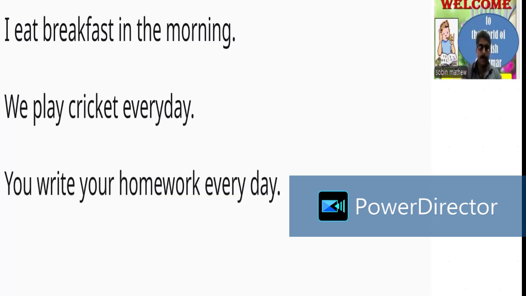The teacher asked Anagha, "Please read the formula for second person plural with example from your notebook." Anagha reads the formula with the example from the notebook: second person plural, you plus base form of the verb plus object. Example, you walk to school.